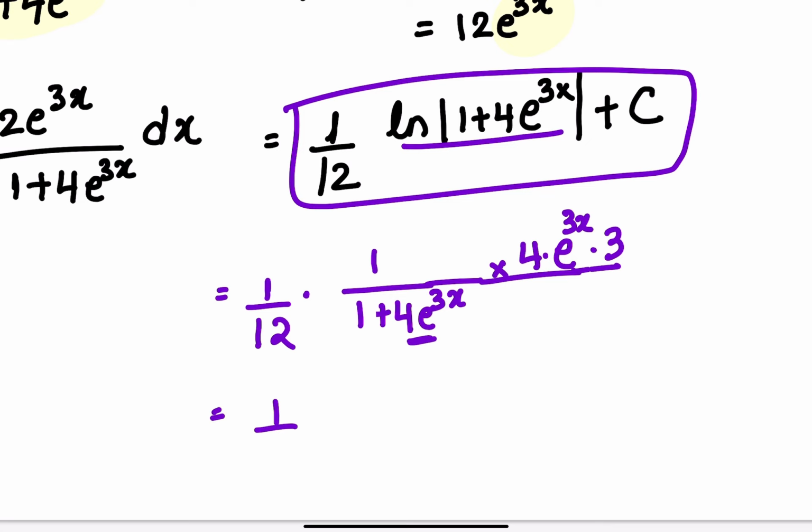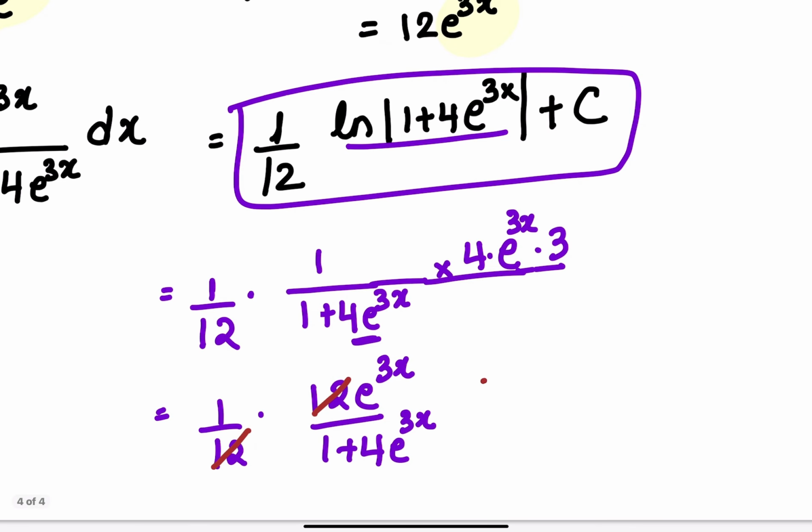And that is nothing but 12 e to the power 3x over 1 plus 4 e to the power 3x. Now look closely, 12 and 12 cancel each other. What are you left with? You're left with e to the power 3x over 1 plus 4 e to the power 3x.